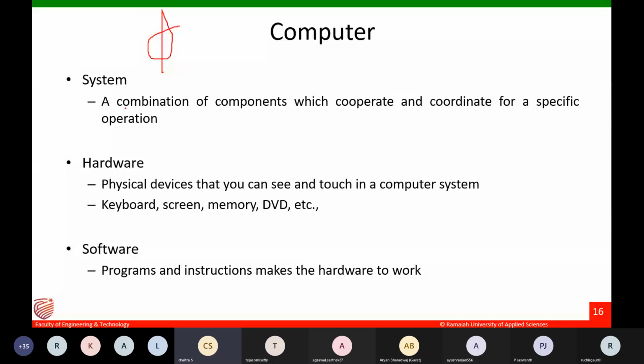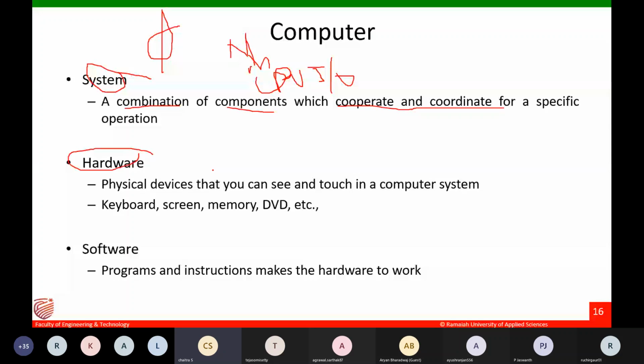So a system is nothing but a combination of components. Components are nothing but the monitor, mouse, processing unit, input unit, output unit, which are able to cooperate and coordinate. That is, they're able to communicate with you for a specific operation. That is called a system. Hardware is nothing but something which you can touch and feel.